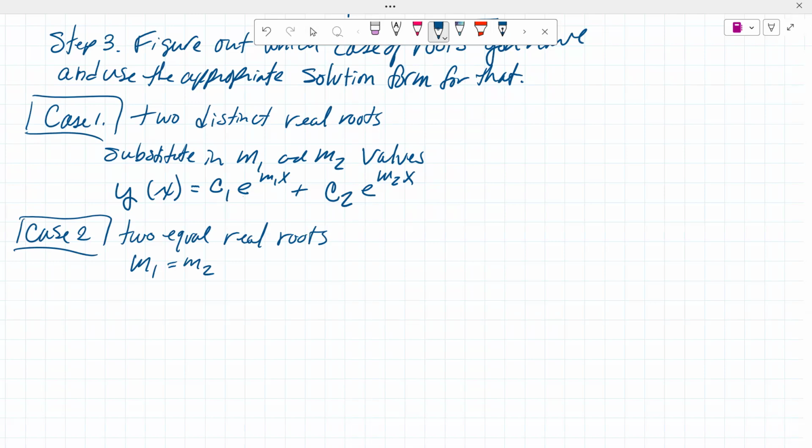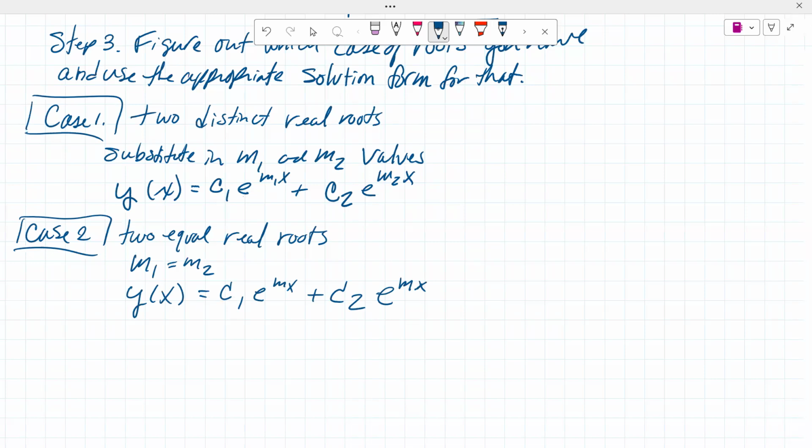Case 1 and case 2 are really sort of the same thing. y of x equals c1 e to the mx plus c2 e to the mx. Basically the only change is that instead of having m1 and m2, you just have the same m in both because they came from the same roots. Okay, easy.